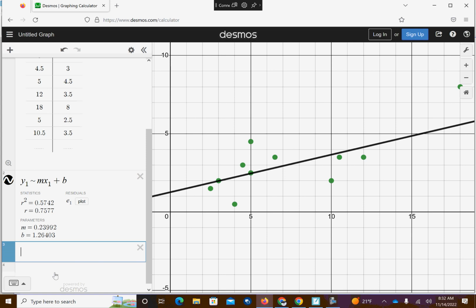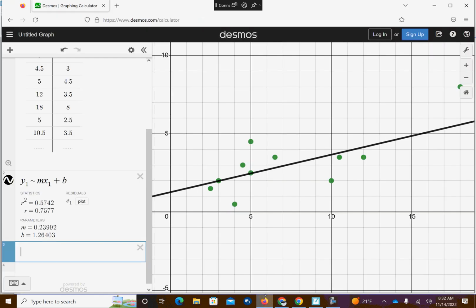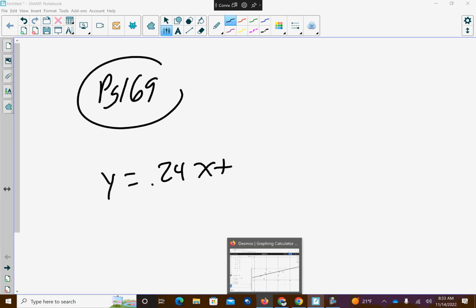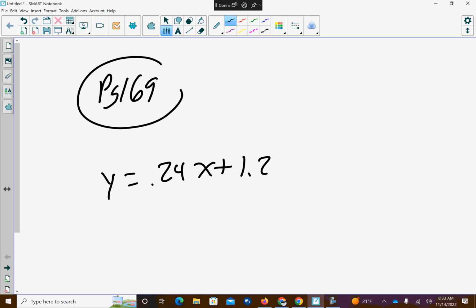All right, so y equals 0.24 x plus 1.26. They want us to predict the length for 8 hours, so I plug 8 in there.